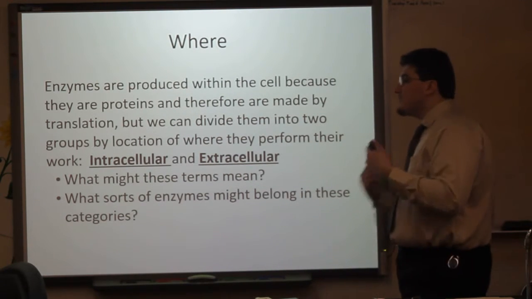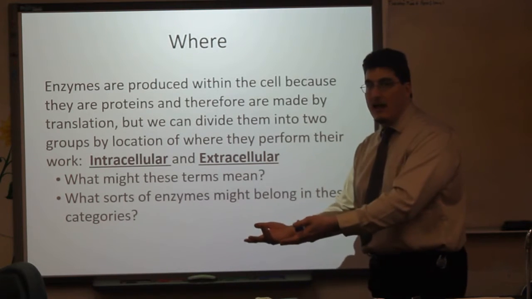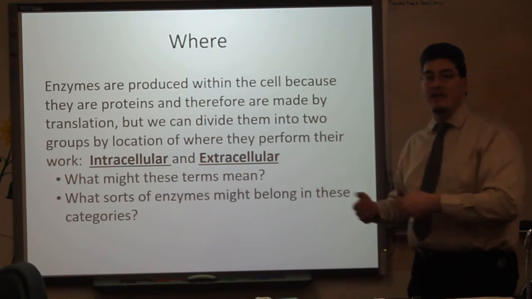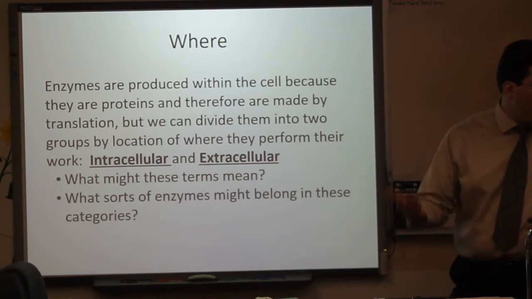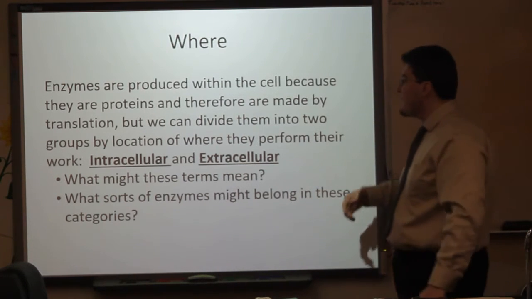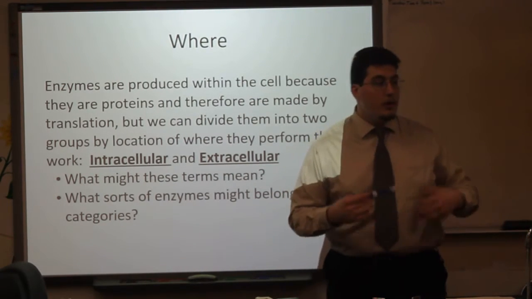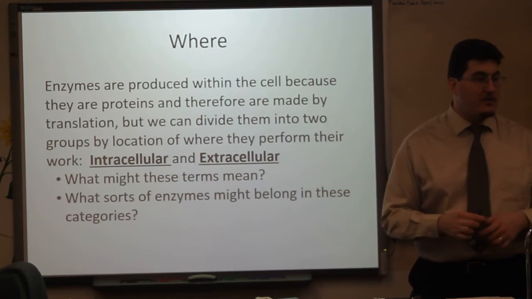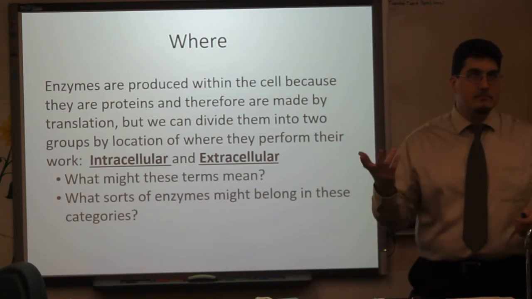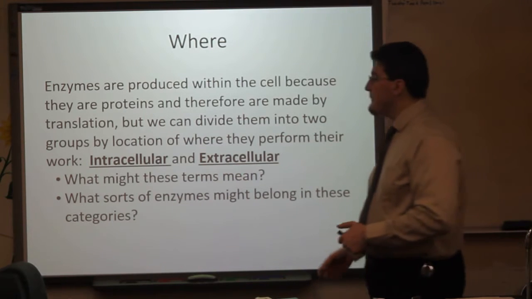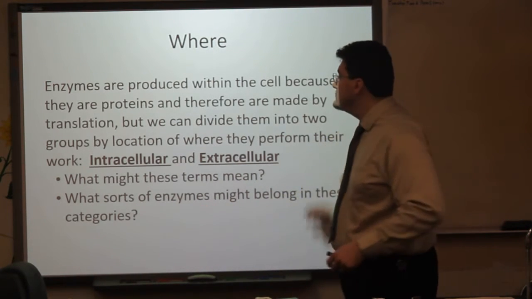The enzymes that work inside the cell will be doing enzymatic reactions and metabolic reactions and such. Extracellular reactions will be taking place outside the cell, and I'll leave it to you to come up with examples on your own. This is the internet, after all.